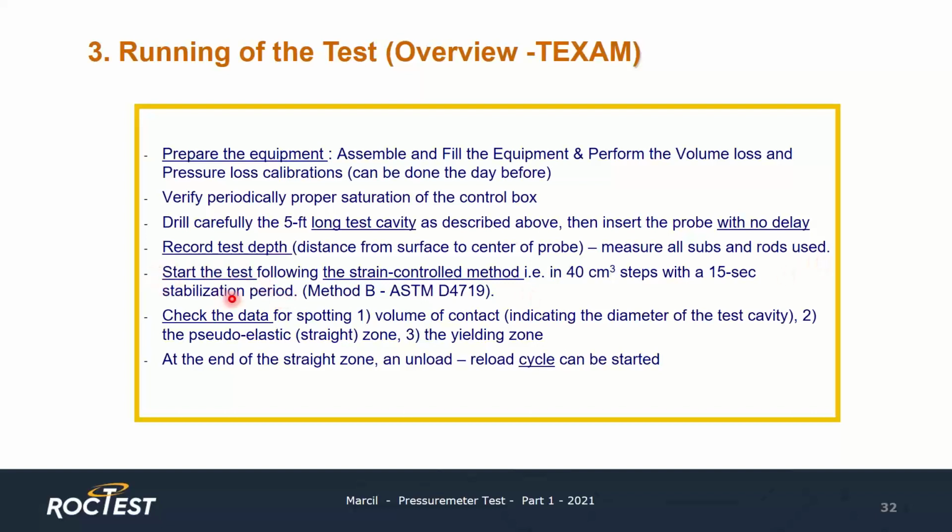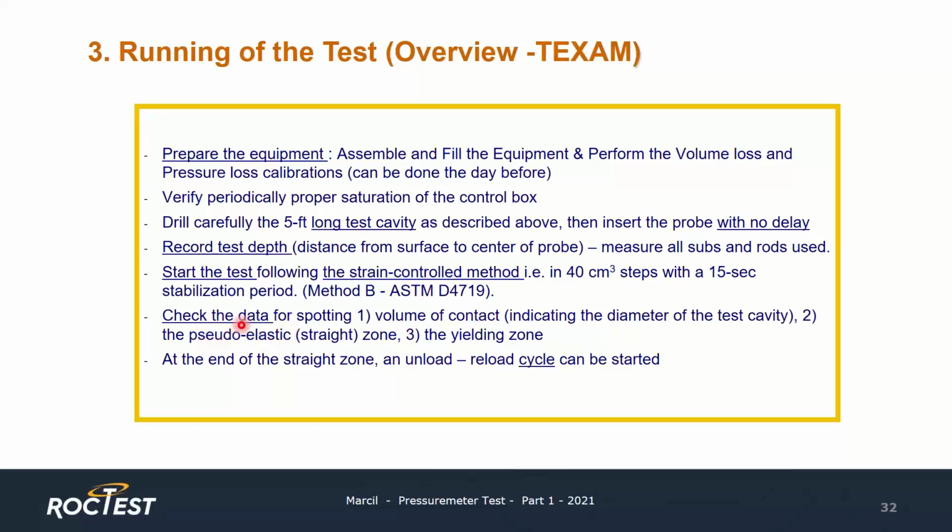Then you start the test. The TEXAM test is normally done using a strain control method, which consists in injecting 40 cubic centimeters of fluid and then waiting 15 seconds for pressure to stabilize before recording the readings. This is method B as described in the standard.